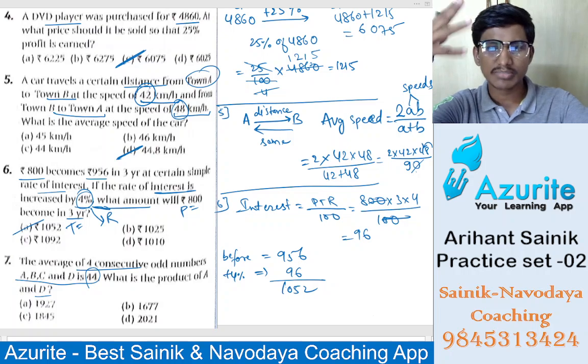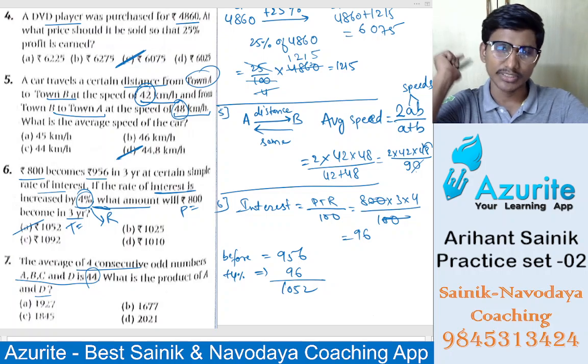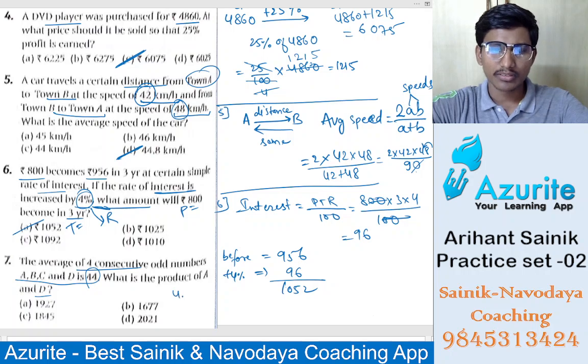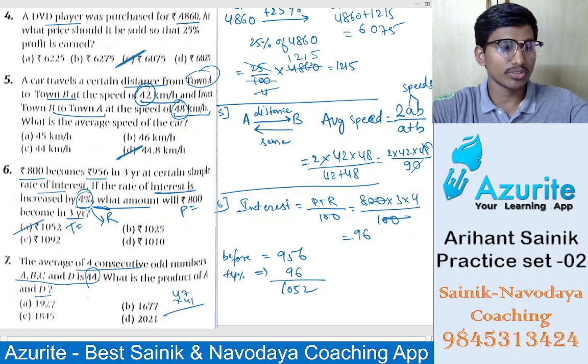So 47 means you can easily do that. So 41 into 47, it will be how much? 47 into 41. Okay, so you can do that.